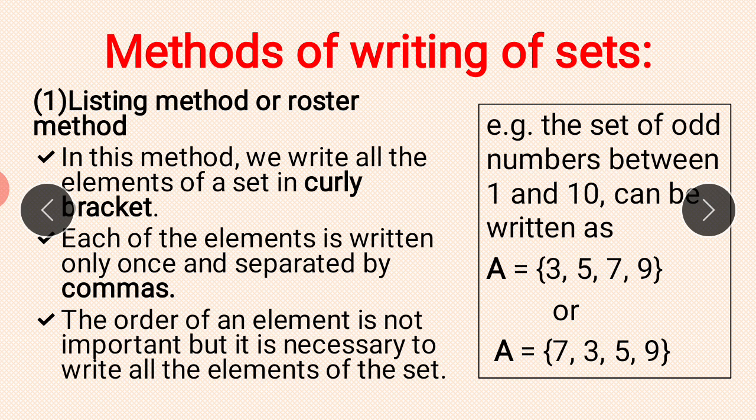In the listing method, the order of the elements is not important, but it is necessary to write all the elements. So you can write this way also. A is equal to 7, 3, 5, 9, curly bracket complete.